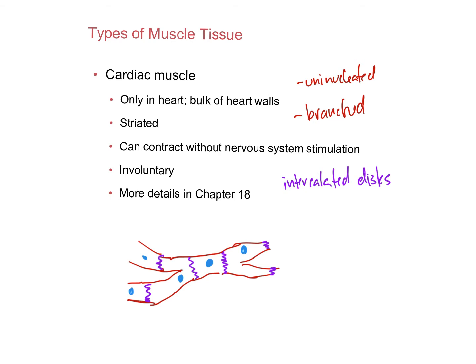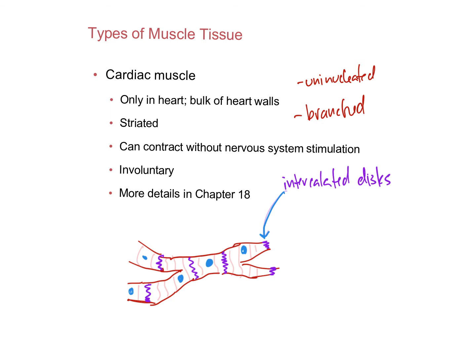They have striations, right? So you have some striations that look like this. Make sense? So these purple things are your intercalated discs. They're branched, they connect out, and they're involuntary. Questions on the general structure of cardiac muscle cells?